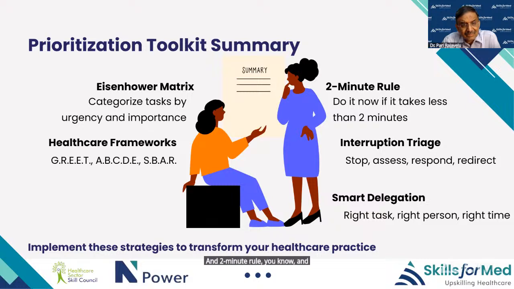Do it now if it takes less than 2 minutes; if it is more, then the doctor was saying to use a checklist. Then interruption triage: stop, assess, respond, and redirect. And finally smart delegation, which is right task, right person, right time. We had 5 things: right circumstance and under right supervision. Implement these strategies to transform your healthcare practice.